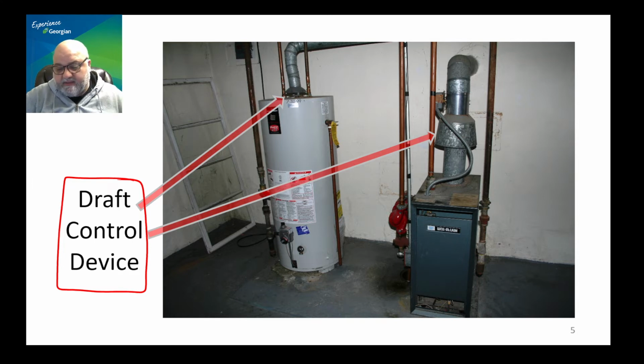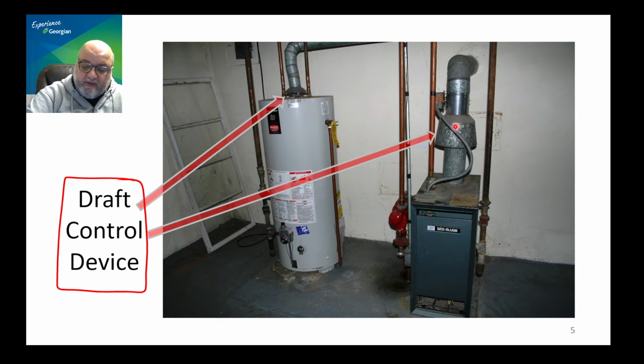So I would say your typical residential application is where you have your boiler for, I would say, hydronic space heating, and then you have your water heater for domestic hot water. What you're going to notice is that they both have draft control devices.